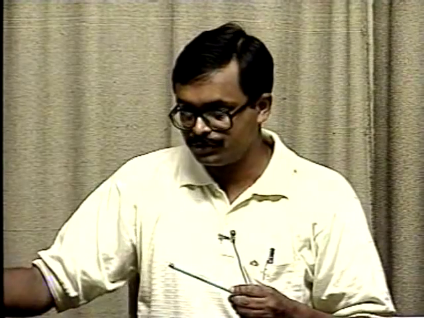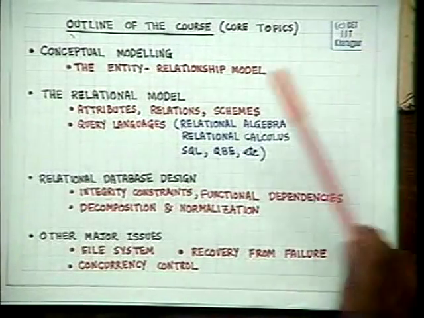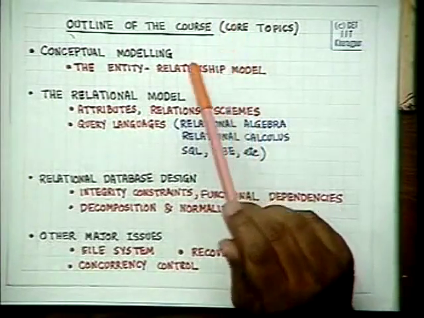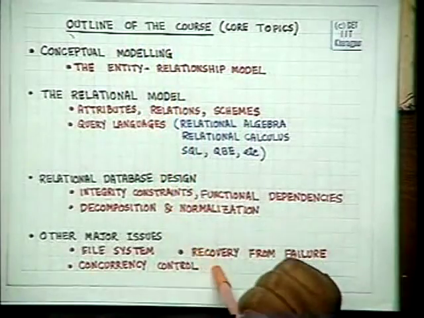The other data models we will not see immediately, we will see them when we come to the course, and we would just quickly like to see what the whole course is about. The core of the course, which we shall discuss from next day, these are the core topics.